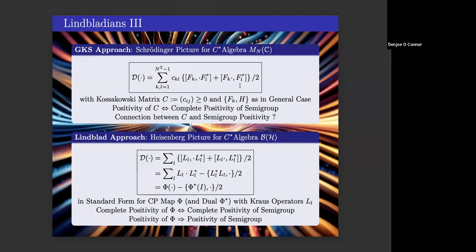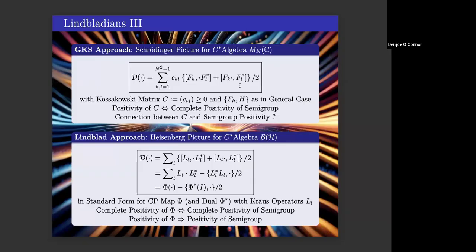And they showed that positivity of this matrix is in one-to-one correspondence with complete positivity of the semigroup. So one implies the other. The interesting thing is that the connection between positivity of the semigroup and the form of this Kossakowski matrix C is not known.